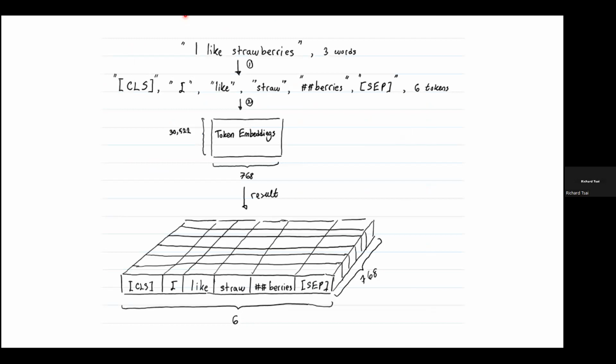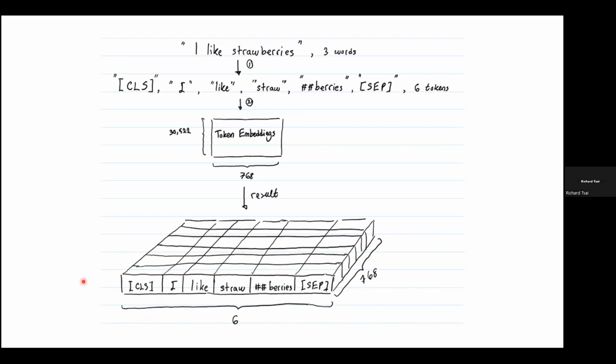For instance, when the input is "I like strawberries," it's rather surprising that it's split into 6 tokens, not just 3. This is because BERT adds special tokens at the beginning and end of the sequence, namely CLS and SEP.